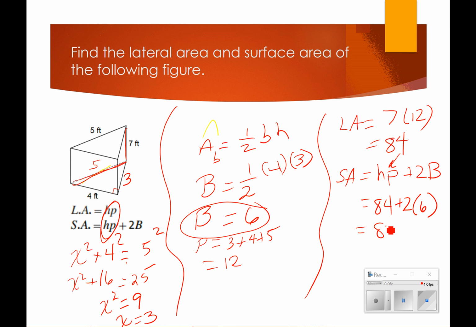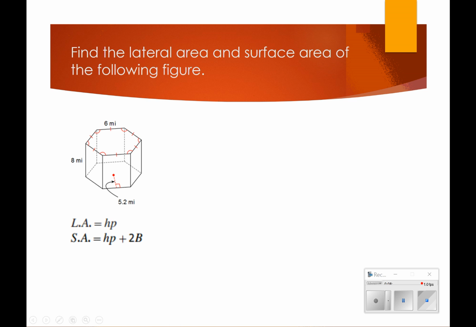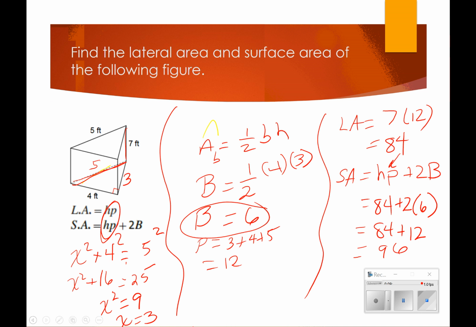So 84 plus 12 is 96. The area we measure in square inches or square feet or whatever, so this is going to be 96 feet squared. And so our lateral area is 84 feet squared, and our surface area is 96 feet squared.